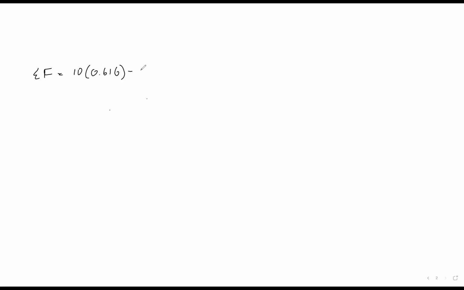Okay, and then minus 35 pounds sine 25 degrees, minus 12.688, that's the friction. And then that's going to be equal to the mass, 35 divided by the acceleration due to gravity, times the acceleration. There we go. Right, we just solved for A. So the acceleration is equal to 42.7 feet per second squared.